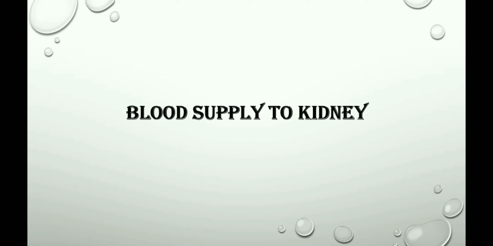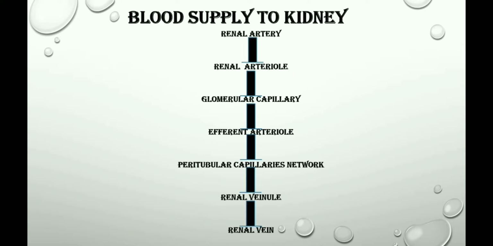Blood supply to the kidney. Let's see this flow chart in order to understand the blood supply to the kidney. The renal artery collects the blood from the heart. It passes blood to the divisions of the artery called renal arterioles, which enter inside the kidney.